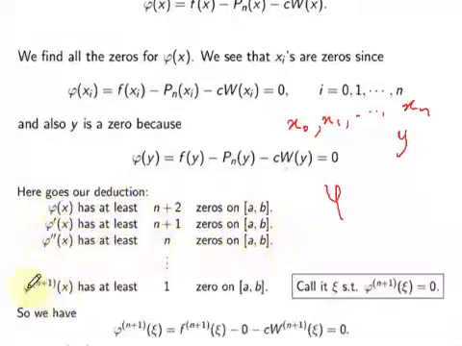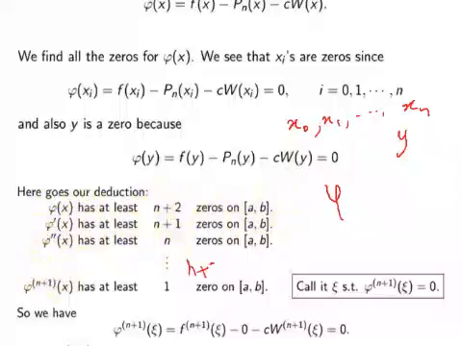So if you consider the n plus 1 derivative of phi, then phi has n plus 2 zeros on a b. If you consider the first derivative of that function, it has 1 less than this number, and for the second derivative, 2 less than this number. For the n plus 1 derivative, how many?